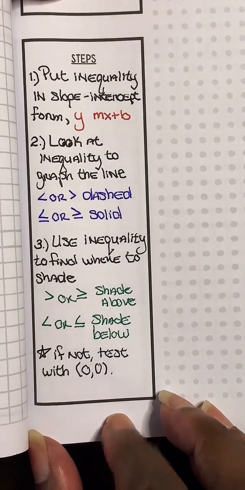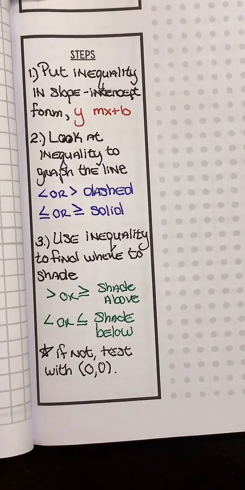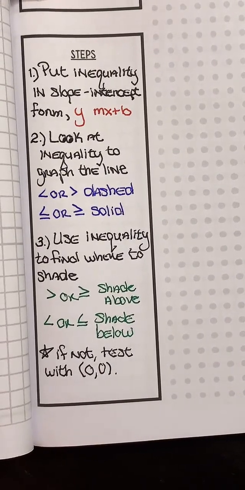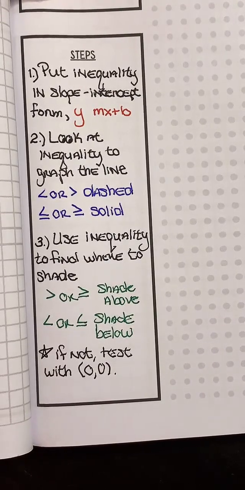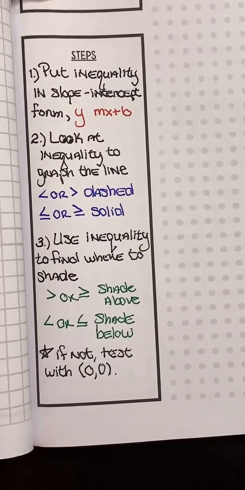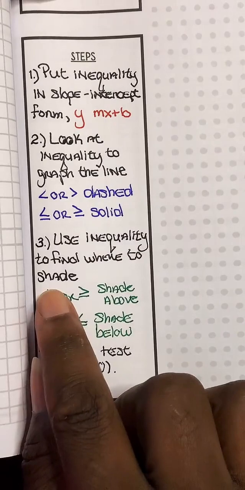Now, the whole purpose of inequalities is you want to find a particular number or maybe a series of numbers that will make that inequality a true statement. So instead of picking each and every single solitary point, we do what's called shading.